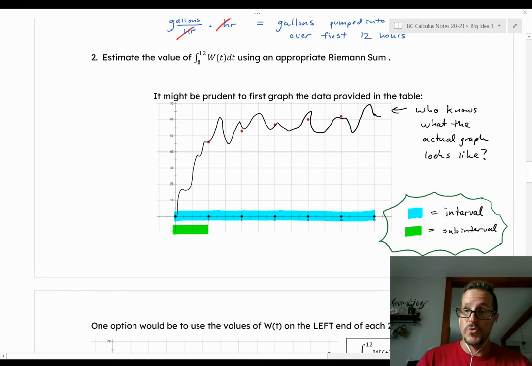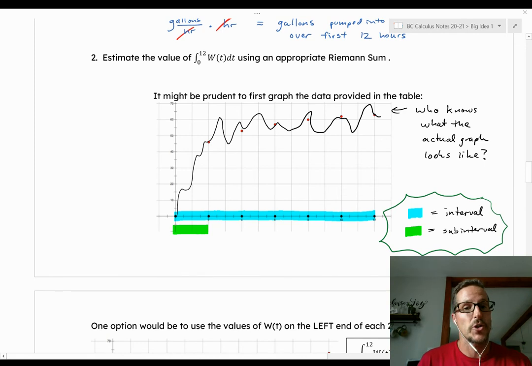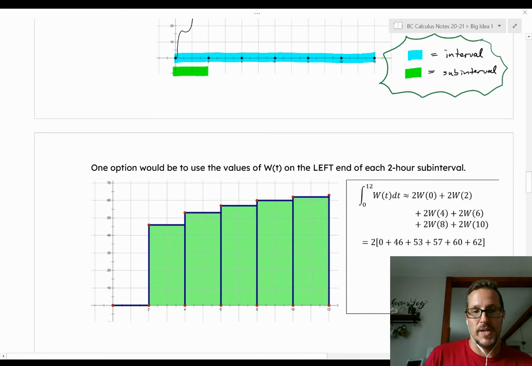So in blue, you see the total interval, the interval from 0 all the way to 12. But the data is broken up into 2-hour sub-intervals. That word sub-interval, you're going to hear it a lot in the coming lessons. So one option that I have would be to find the value of this definite integral by adding the areas of rectangles that are defined using the left edge of each subinterval.